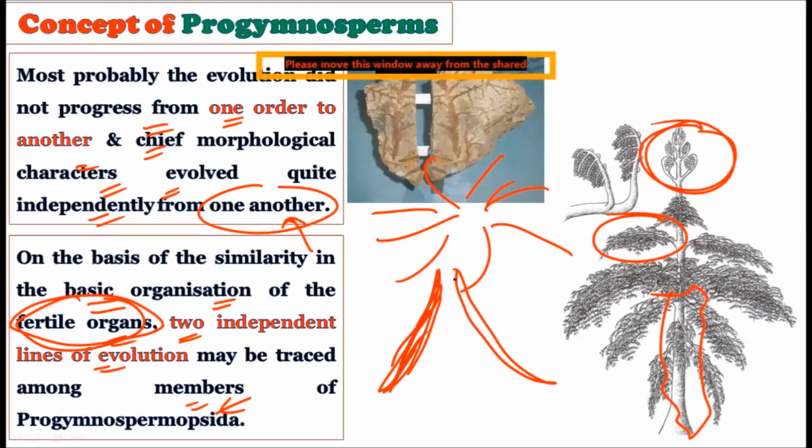By tracing the two lines, we can say how the fertile organs in these progymnosperms may have been created. One thing is sure: one line is not possible, direct descendants are not there, but there are many lines. At least two can be defined for fertile organ evolution in these progymnosperms.